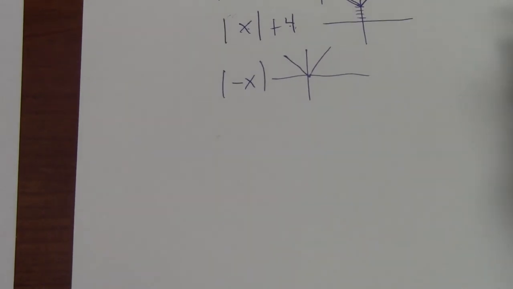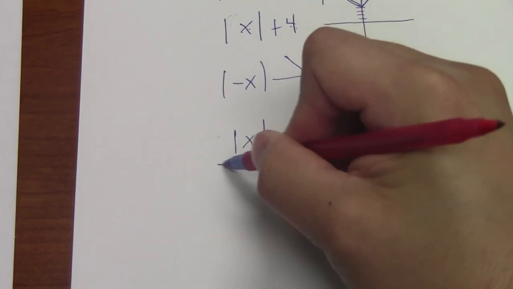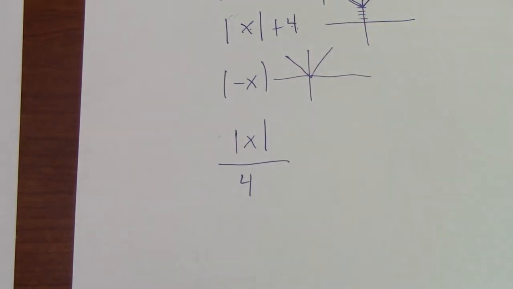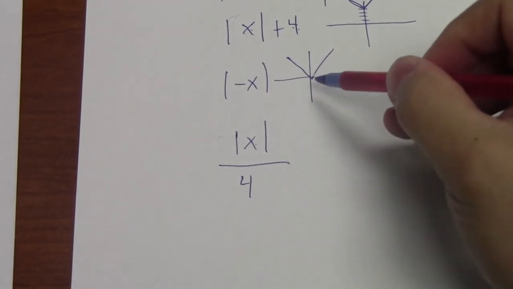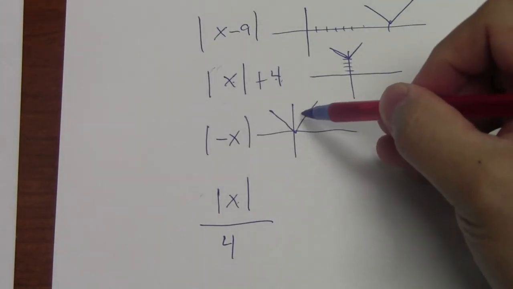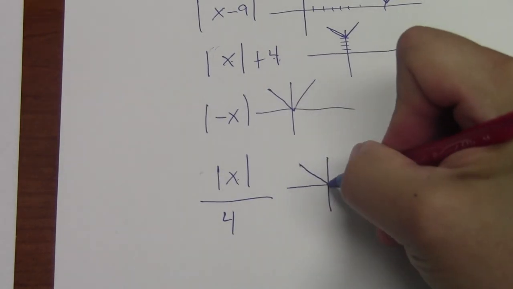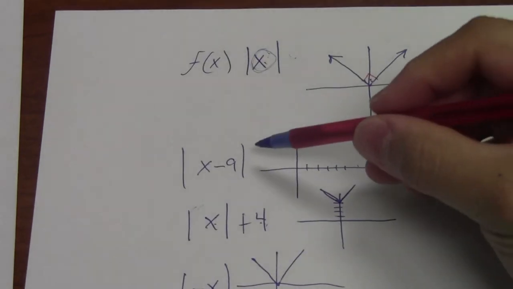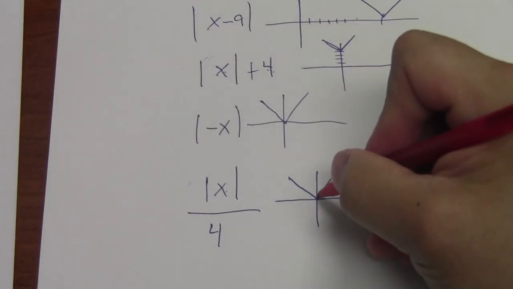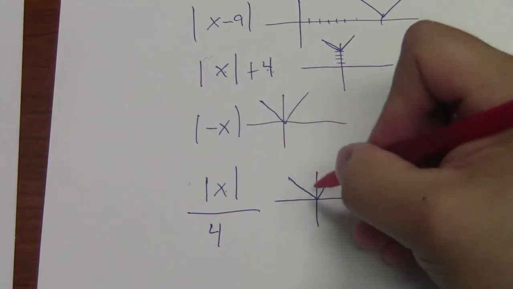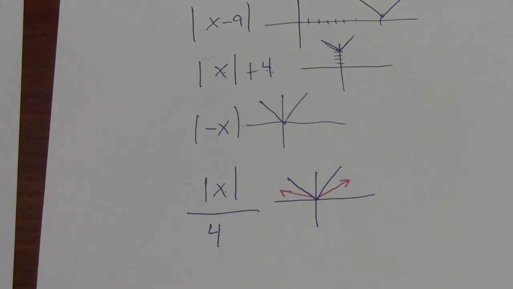All right. And lastly, if you have x over a number, let's say 4, all right, this as a fraction, what it does is it compresses this down. All right, so in this case, this is normal. That's your normal absolute value of x. If you add this number in, like a fraction, it squishes it. Makes it further down.